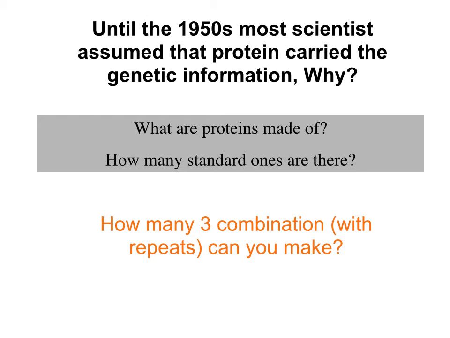And if you have that many amino acids, how many different combinations of 3 can you make? Let's just take 20. If you repeat, you can have 20 possible amino acids in the first position, 20 in the second, 20 in the third. 20 times 20 times 20, and it's a lot.